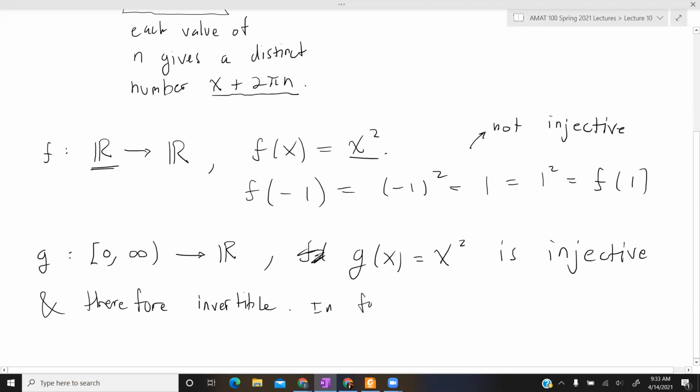In fact, its inverse is the square root function. So this function is invertible.